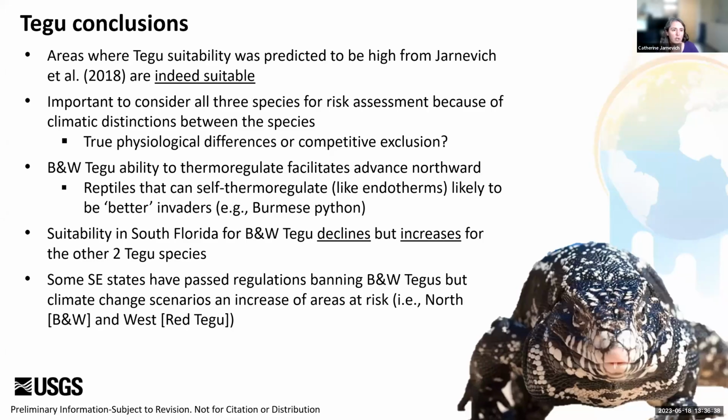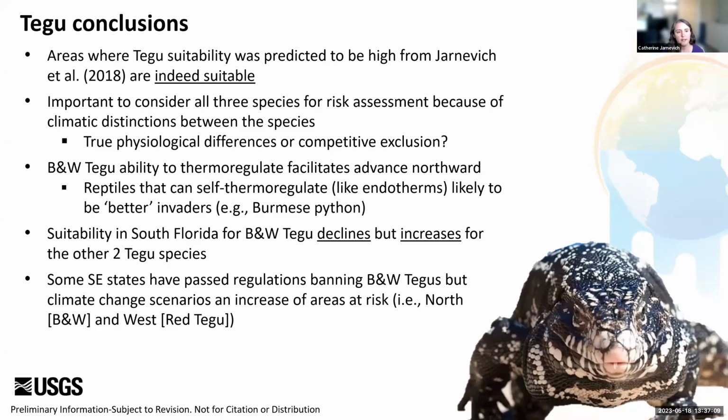And another important consideration is looking across all 3 species because of the climatic distinctions between those species. And we don't really know if the climatic distinctions are because of true physiological differences between the species, or is it competitive exclusion between them? And so they may actually be able to survive in some of those other climatic conditions.